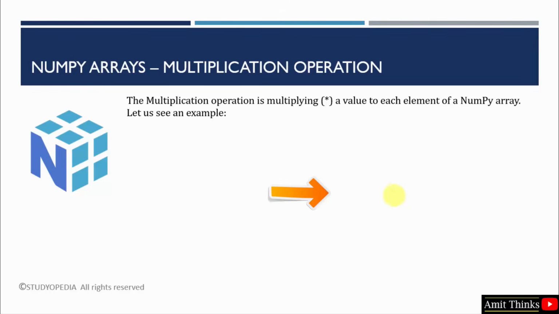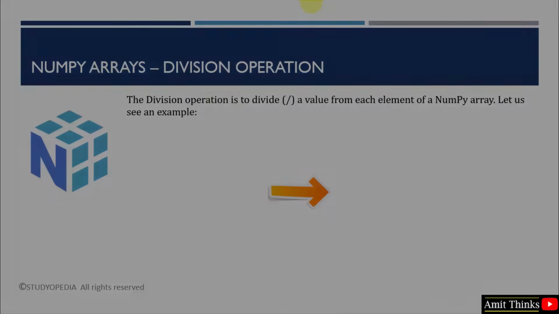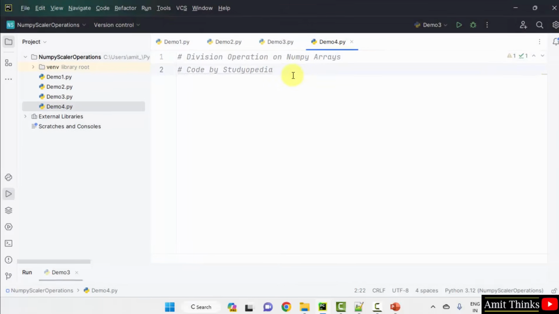So we worked around the multiplication operation and multiplied each element of a NumPy array by a specific value. Now we will see the division operation. This will divide each element of a NumPy array by a specific value. Let's see the division operation.